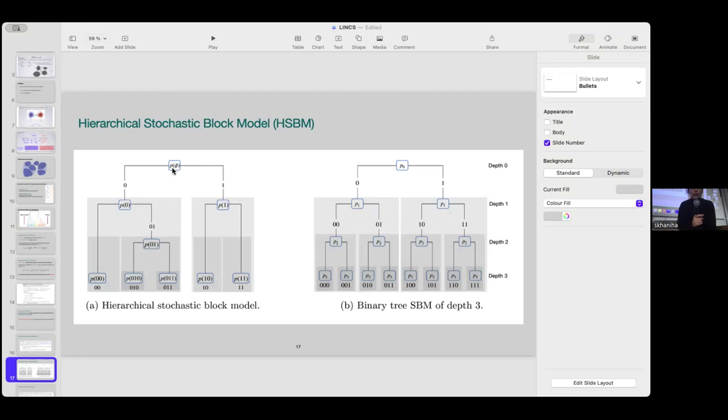This starting point is first the empty set. Then we go to the other nodes of the tree. If we go to the left, we have 0. If we go to the right, we have 1. So we have a label for each node, and we could continue until we reach the primitive communities.